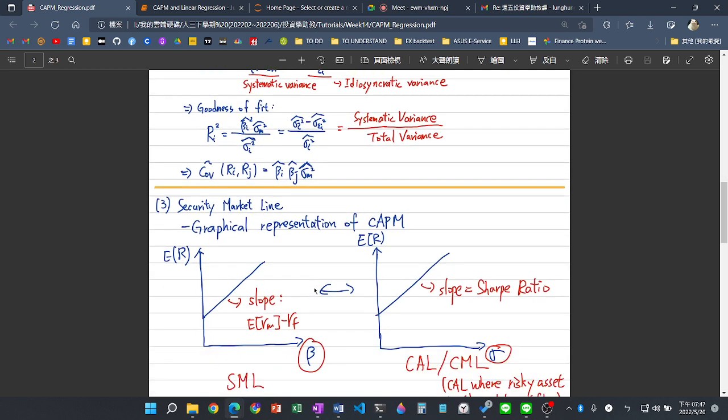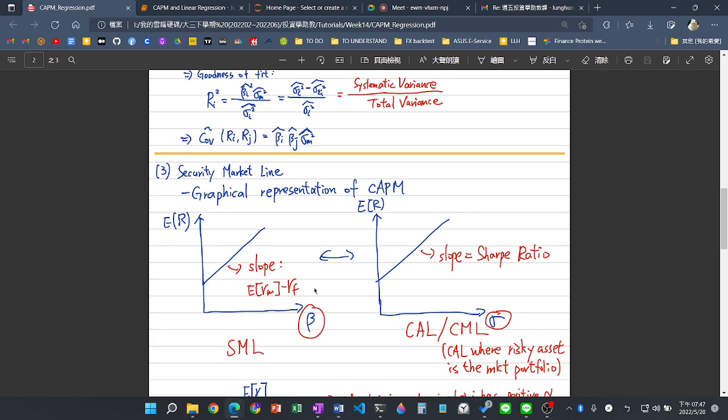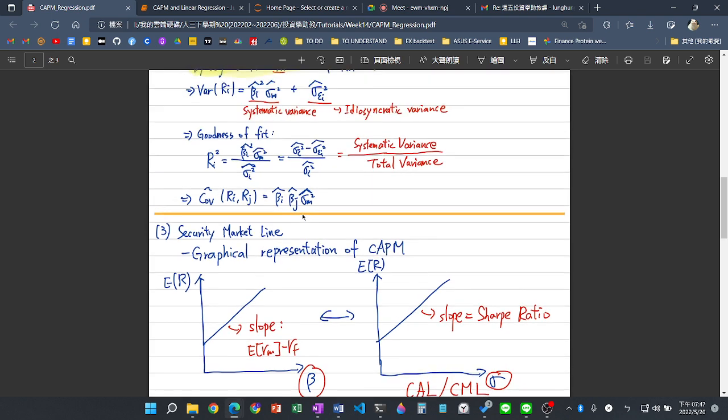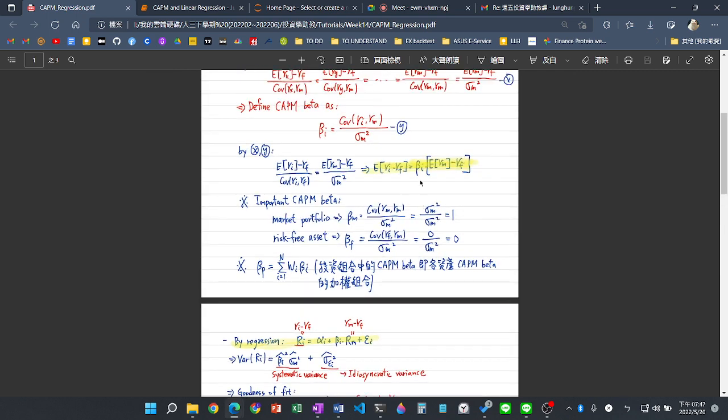The next thing I want to talk about is the graphical representation of the CAPM, which is called the security market line. These two graphs can be very confusing at the same time if you are a beginner, because the security market line is, as I said before, just the graphical representation of the CAPM. So the CAPM essentially is just what we have here.